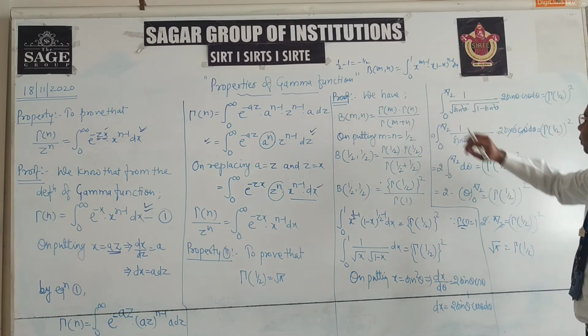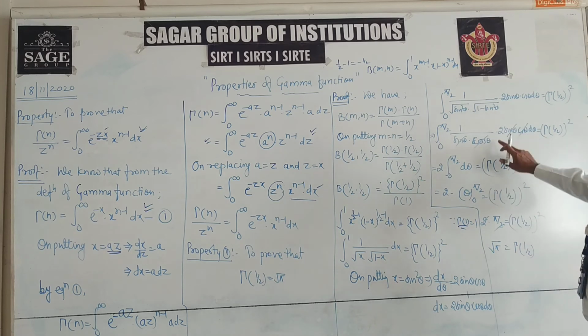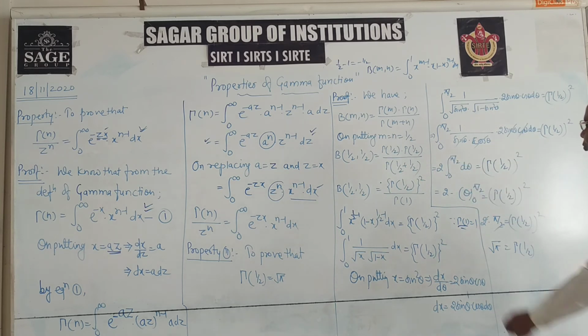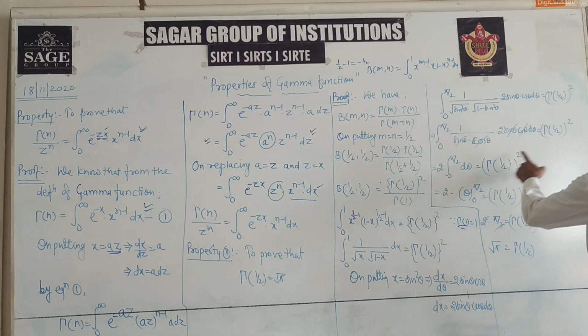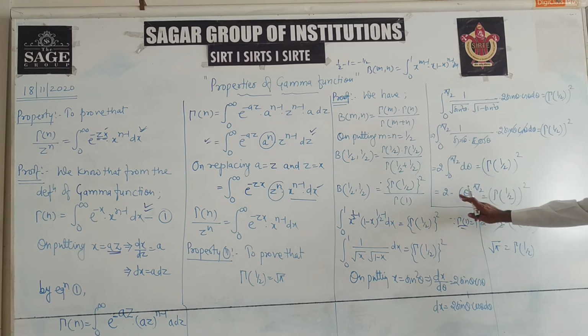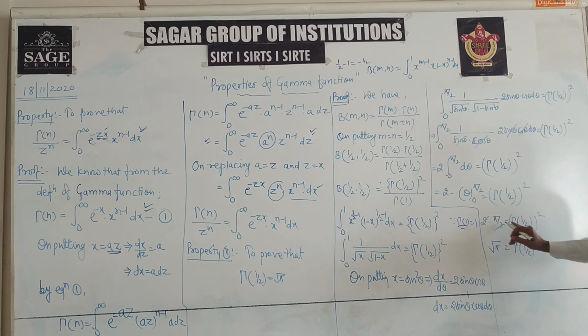The 2 is a constant outside the integral, times d theta, equal to gamma 1 by 2 whole square. The integral of d theta is theta, upper limit minus lower limit, so 2 into pi by 2, the 2s cancel, and pi is equal to gamma 1 by 2 whole square. Taking the square root, gamma 1 by 2 equal to under root pi.